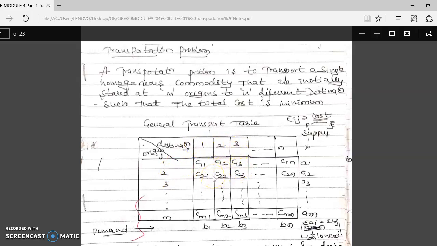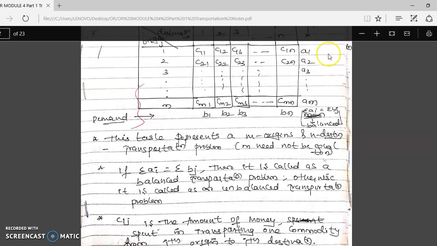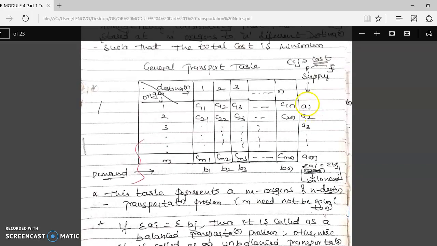The aim of the transportation problem is to find the minimum transportation cost to supply the goods from all the sources to all the destinations. Whenever a transportation problem is given, we always need to find whether the problem is balanced or not. What we mean by balanced is, if I add all the supply, and all the demand, both should be equal.